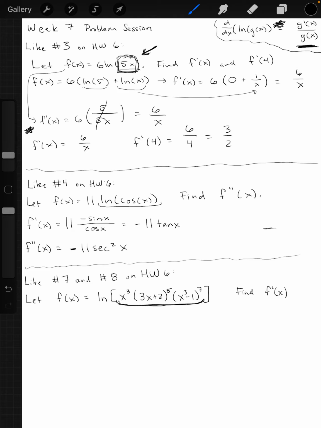So let's not do that. Instead, let's use our skills at expanding logarithms to rewrite this. First off, we break up all the products into sums.